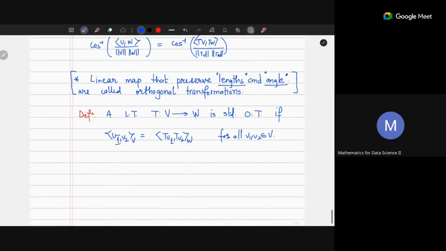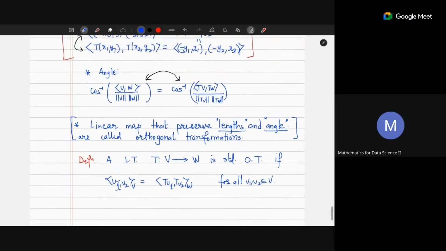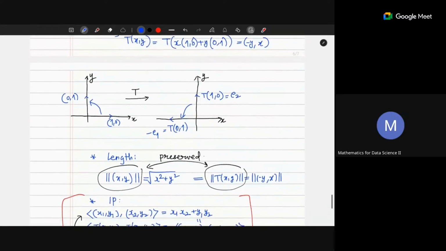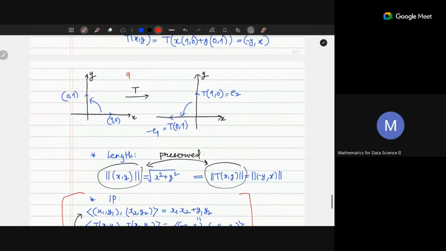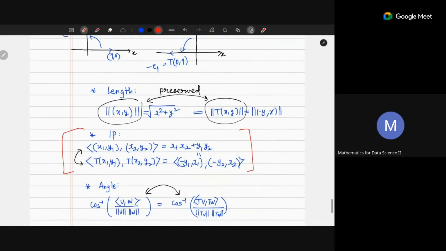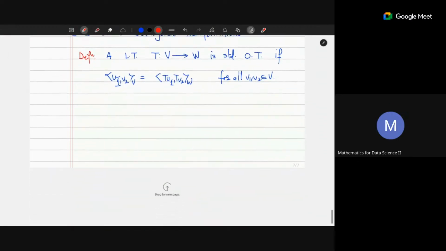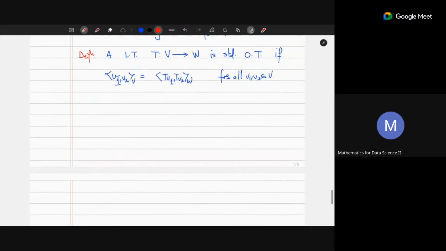Here is one example that you have seen: (x, y) going to (minus y, x), and you have noticed that it is a 90-degree rotation. Now, instead of 90 degrees, if I just want to rotate my plane by some angle theta, what would be the expression?